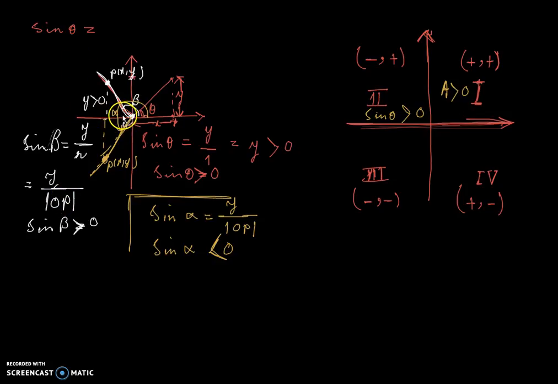But in this case, x would be a negative value divided by OP, which is a positive value, so you would end up with a negative value. And that's how it basically works. And in the third quadrant, the tan of theta is a positive value, all the other values are negative. And in the fourth quadrant, the cos of theta is a positive value, all the other values are basically negative.